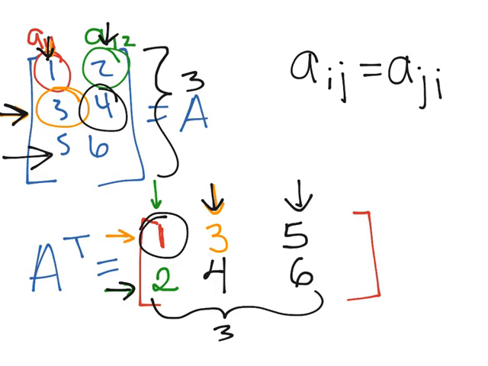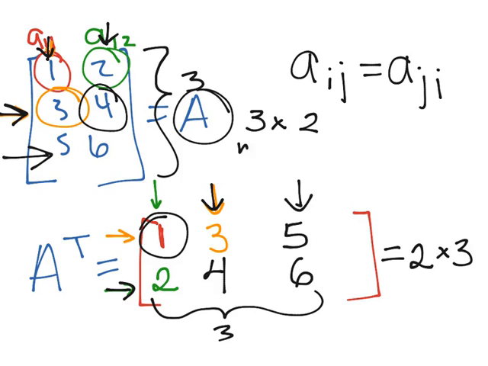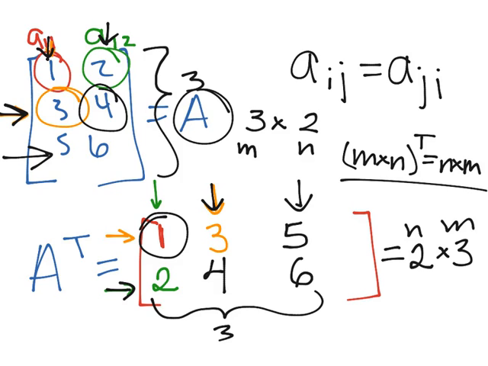As an example, the size of A is the number of rows, 3, times the number of columns, 2. And the size of the transpose is 2, which is the number of rows, times the number of columns, 3. So if A is m times n, the transpose is equal to n times m. That is something to keep in mind and to know.